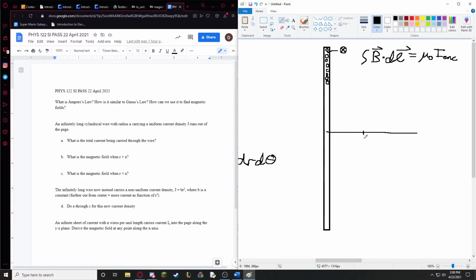First of all, we're going to want some sort of path along the spot where we want to find the magnetic field, right? You'd make a rectangle. It's a rectangle, yeah. So why are we doing this?